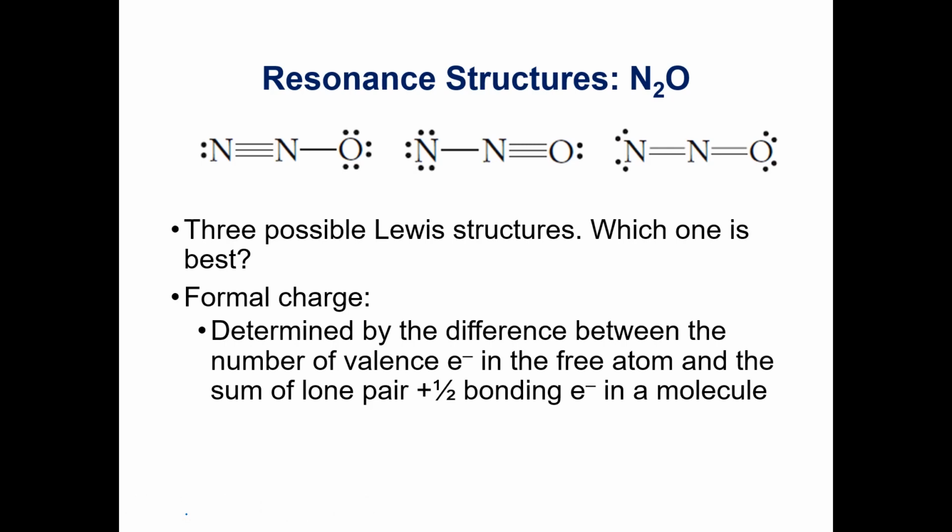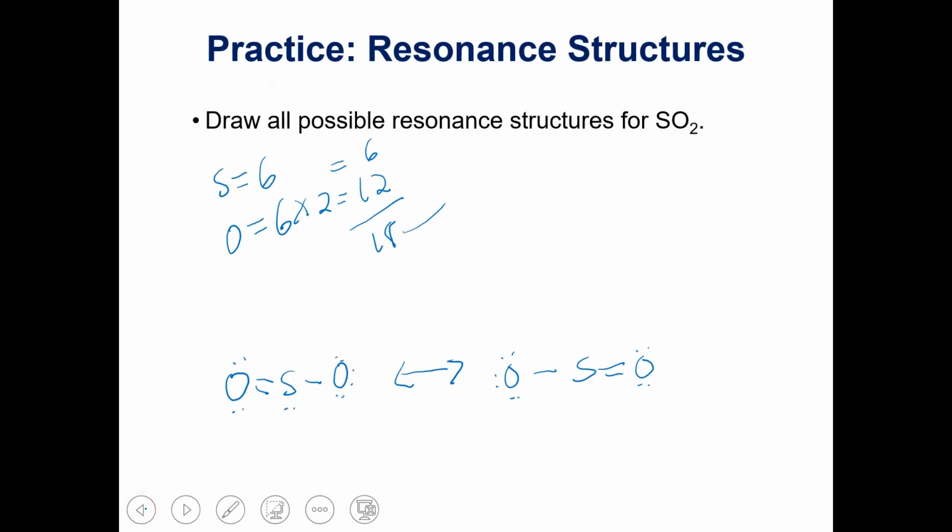Now, what about when you have a case where there are multiple resonance structures, but they're not quite the same thing? For example, if we look back at our SO2, these are really just the same structure where I just flipped where the double bond was, but I have oxygens on both sides, so this really comes out to be a structure that's just a mirror image of the other one.